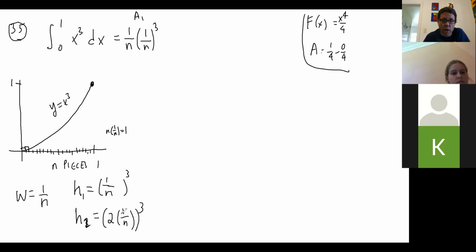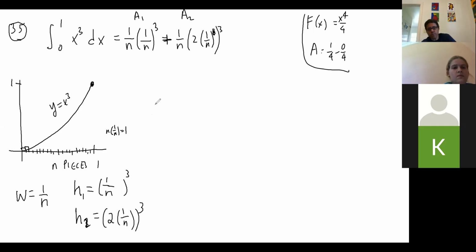So I stick in 2 copies of 1 over n, which is my x value, and then the y value is the cube. So the second area here would be 1 over n, and then 2 copies of 1 over n cubed is the height. So width, height 1, width, height 2.